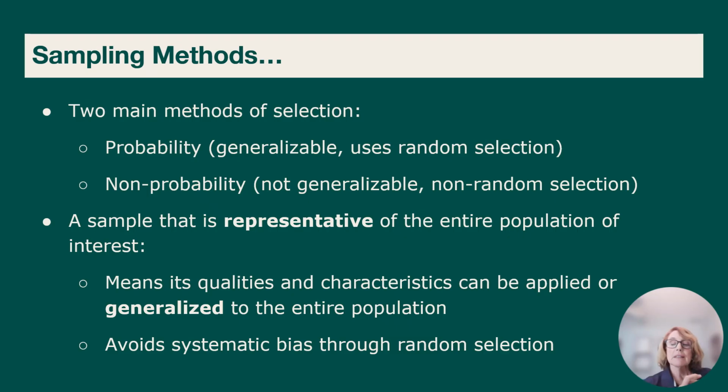But it does limit what we can say about a population as a whole. And so non-probability samples are not necessarily generalizable to the whole population or to other contexts without further research studies being done and other samples being taken.